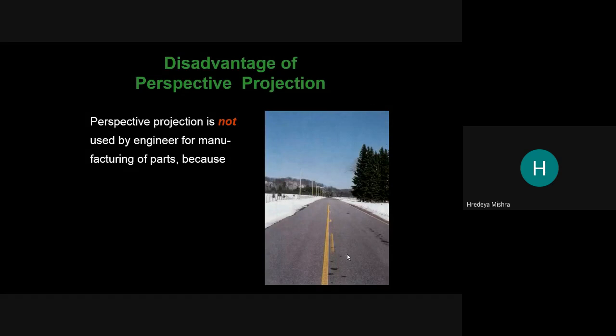Disadvantage of perspective projection or converged projection: perspective projection is not used by engineers for manufacturing of parts. See, we can see the perspective projection here. This road length, you can observe. If we are here, then the full width we can observe.